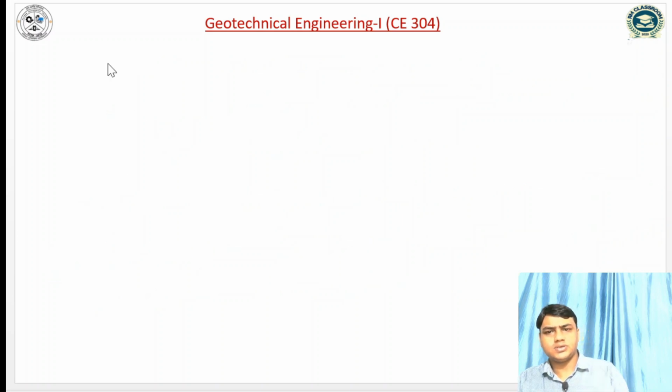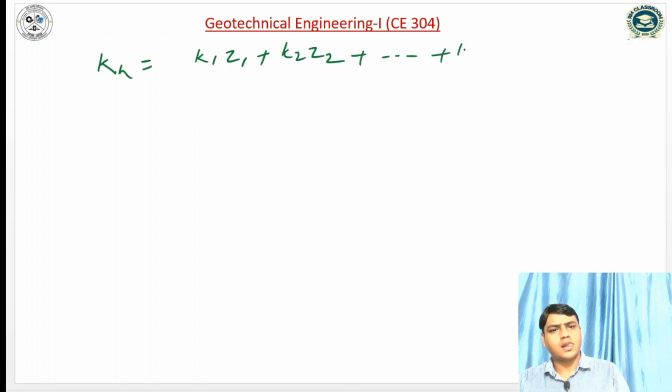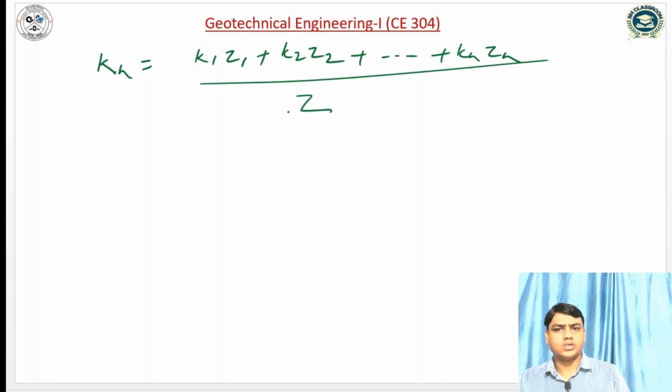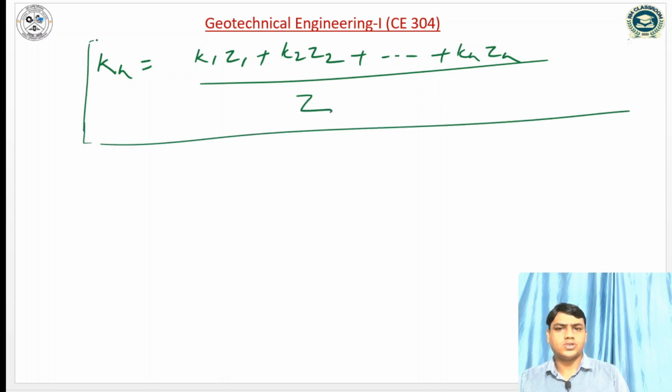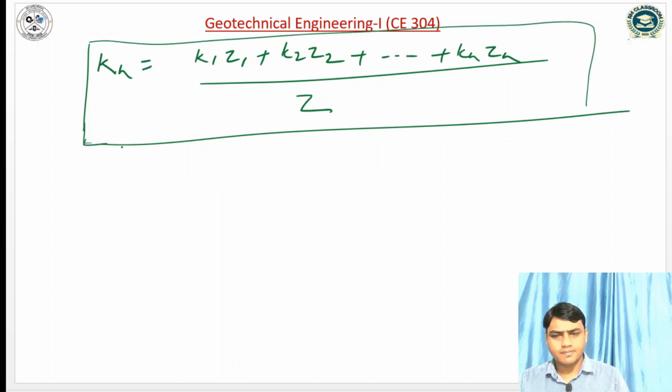So we can write Kh is equal to K1 Z1 plus K2 Z2 plus so on and so forth, Kn Zn divided by Z. So this is our expression of horizontal permeability, or when flow is parallel to the bedding plane.